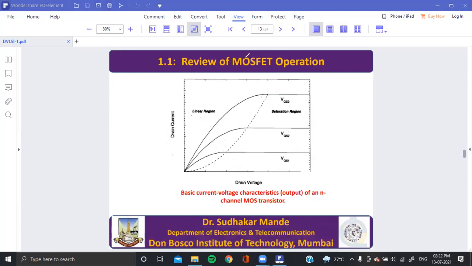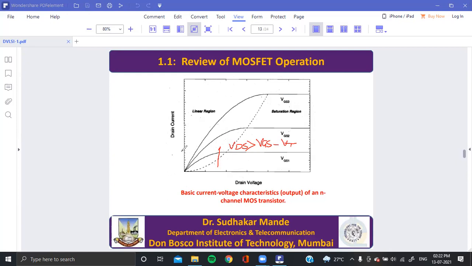Why does it enter saturation at this point? Because here the drain voltage is large, so VDS is greater than VGS minus VT. Hence, it goes into saturation.